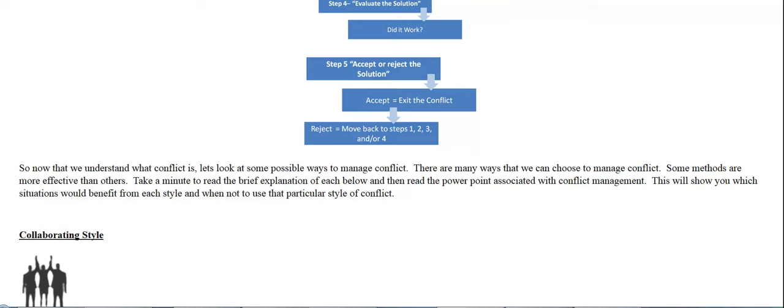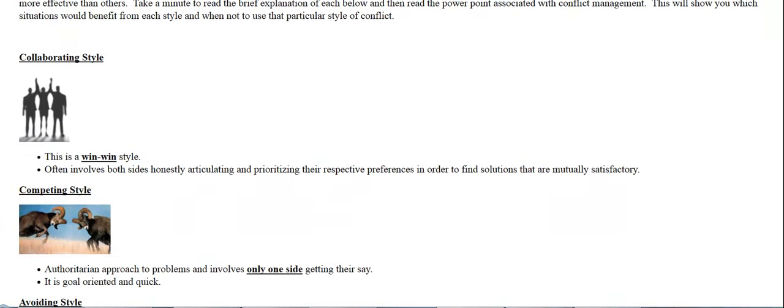This is going to show you which situations would benefit from each style and when not to use that particular style of conflict. Plus, you will find that you're likely to get to experience a conflict management quiz in the discussion rooms. So let's look at some of these styles.